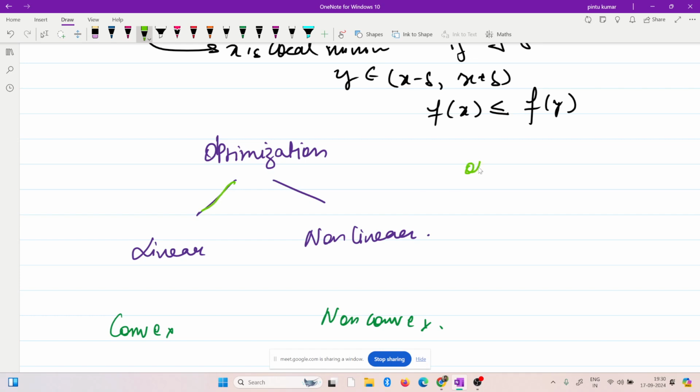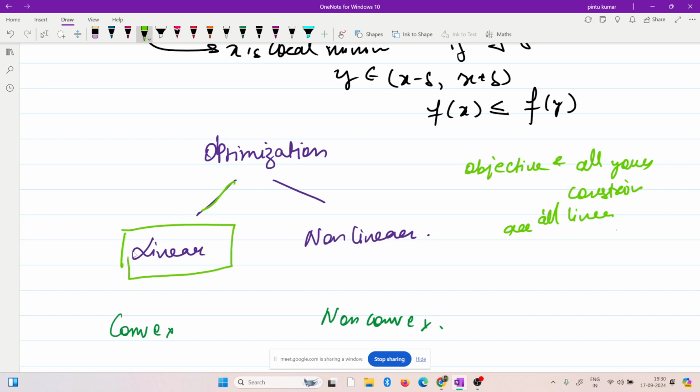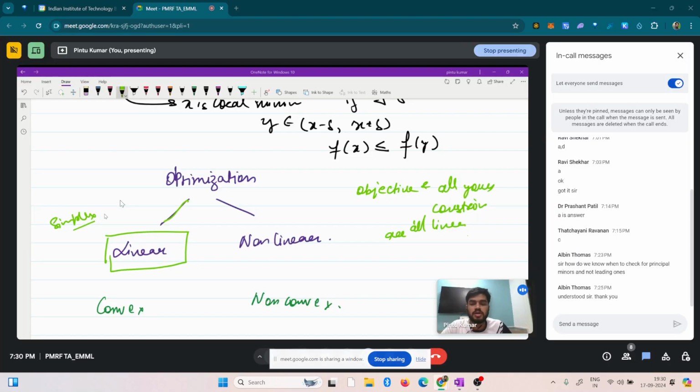If your objective function and all your constraints are all linear, then you call that optimization problem linear optimization. There are methods like the simplex method which are actually very good in this category.